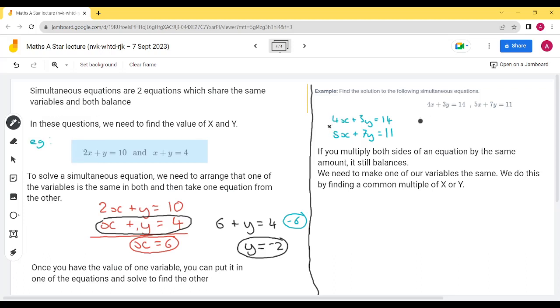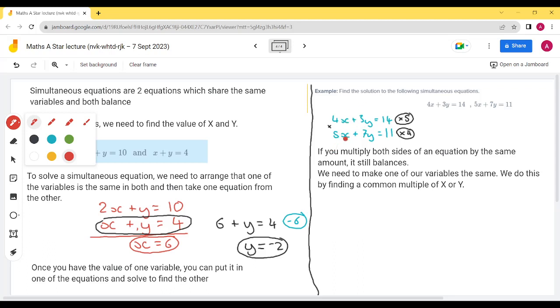And so what that means in effect is we are going to multiply our entire top equation by 5, and we are going to multiply our entire bottom equation by 4, because we've got to multiply every single part. So we can't change one part of an equation and not the other, because it's like scales. We'll make our equation not balance anymore.